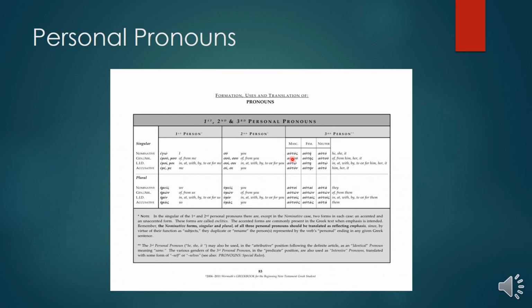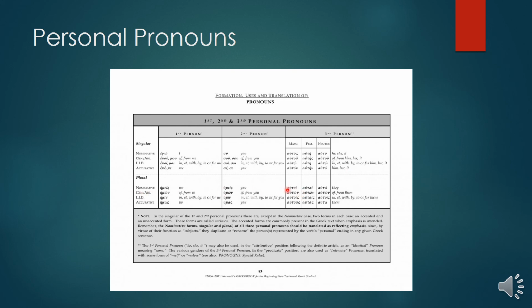Again, third person autos in the nominative case, autos is he, aute is she, auto is it. Autou is of him, autes is of her or from her, autou is of it or from it. Auto is in it, in him, at him or with him. Aute is by or with her, or to or with her. Auto, neuter is it, him or her, or excuse me, it.